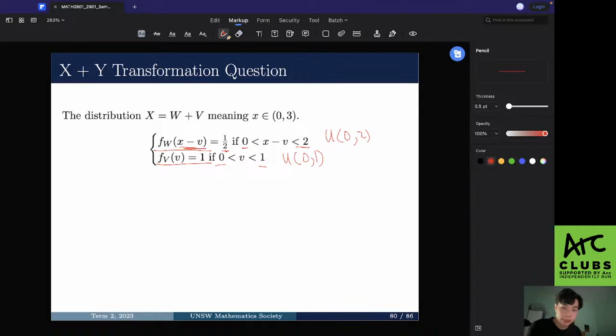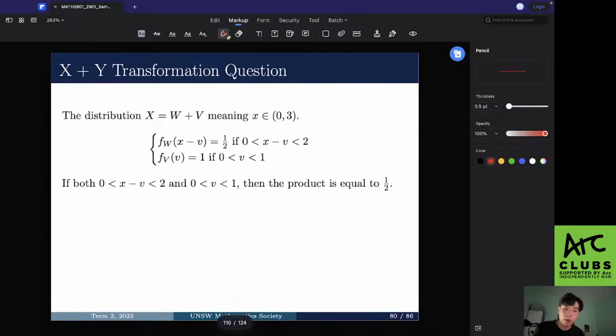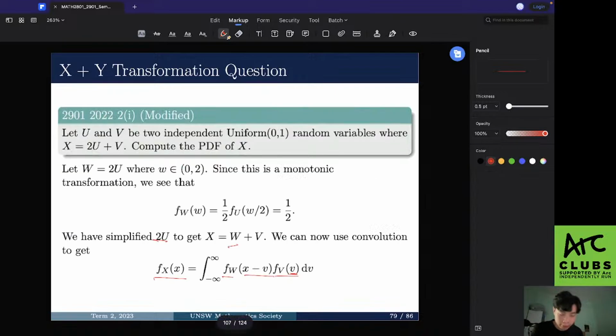Our goal here is to find out when both f of W and f of V are equivalent to a value which is not 0, right? Because in our convolution, what we're doing is we're taking these two values and then multiplying them together. That means if one of them is 0, then the total product is going to be 0.